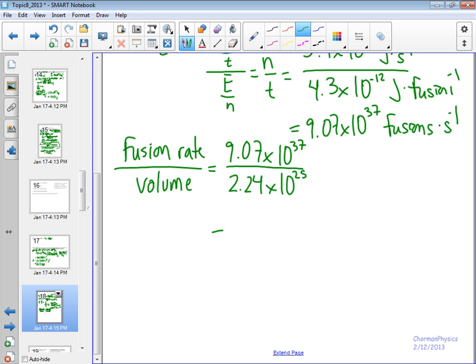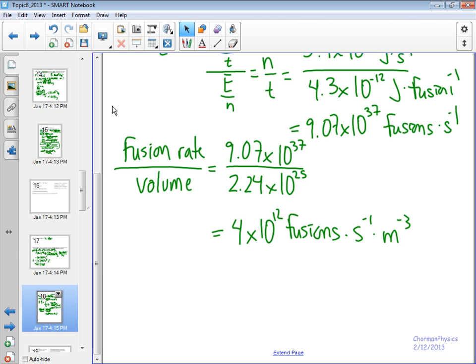What we end up with is about 4 trillion fusions per second per meter cubed. I hope your mind's been blown. It's an absurd number of fusion reactions happening every second. That's an incredibly large release of energy.